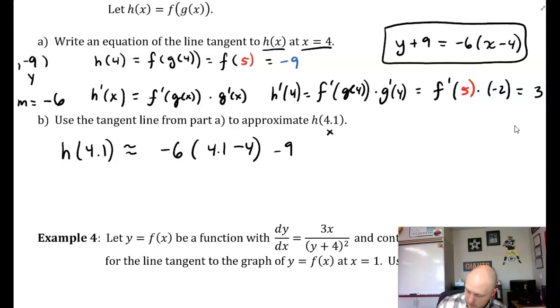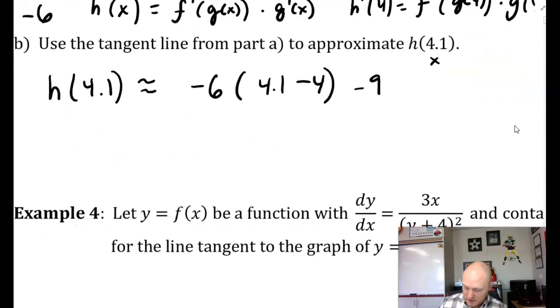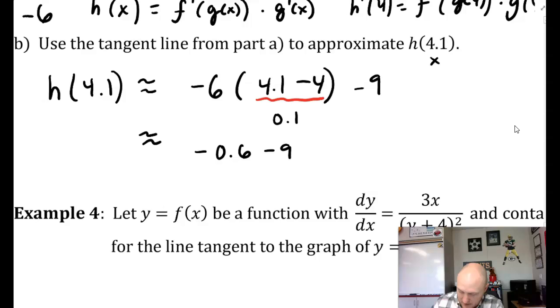All I did here was move that 9 to the backside. So there is my function value. Now I'm going to calculate this. If you do this correctly, this will be a really simple, small, easy value to calculate. So that's 0.1. So we have -0.6 minus 9, which is equal to -9.6. So h of 4.1 is approximately -9.6.